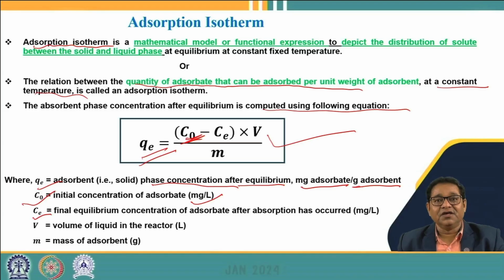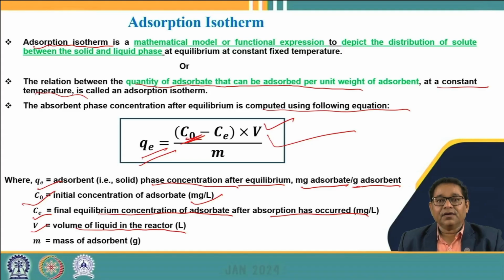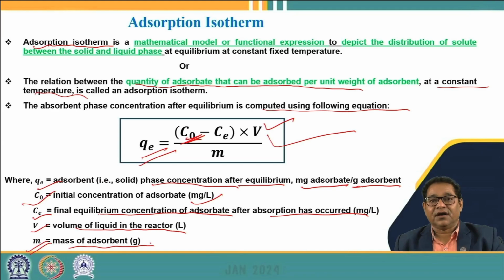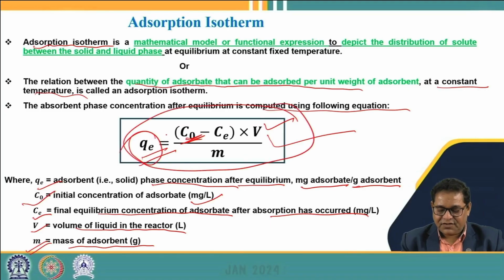Similarly, Ce is the equilibrium concentration of adsorbate after the adsorption process occurred, and V is the volume of the liquid that was taken in the batch study, and then M is the mass of the adsorbent that is added to the solution for adsorption to occur. So this Qe value can be found by using this equation.